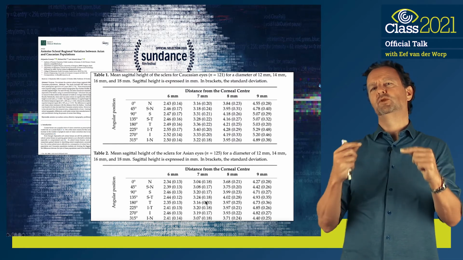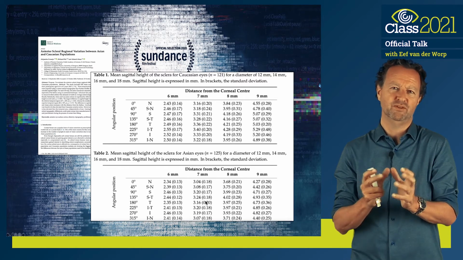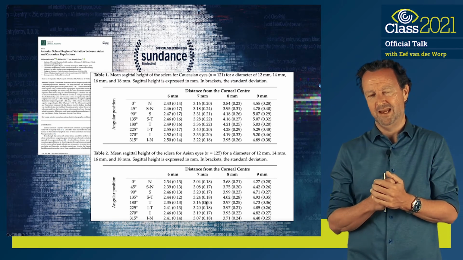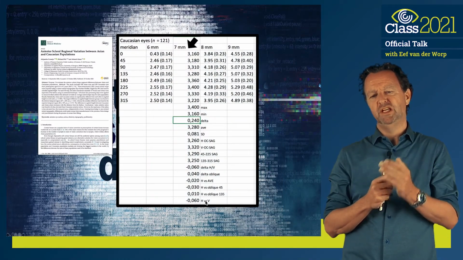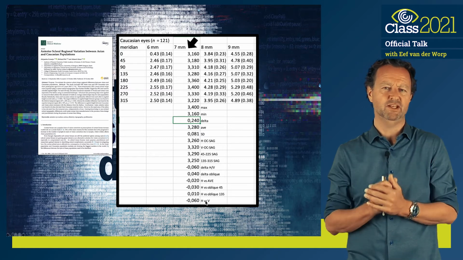So let's go back to the literature and try to sort of digest what's out there. This one is from Alessandro Consejo. She did the studies in Belgium. And well, she didn't look at 15 millimeters, so 7.5, but she did look at 7. So let's take a look at that.